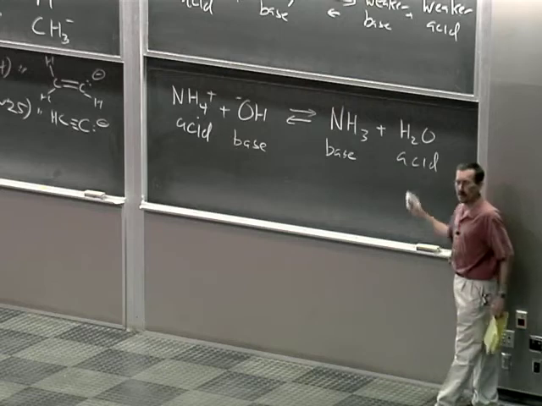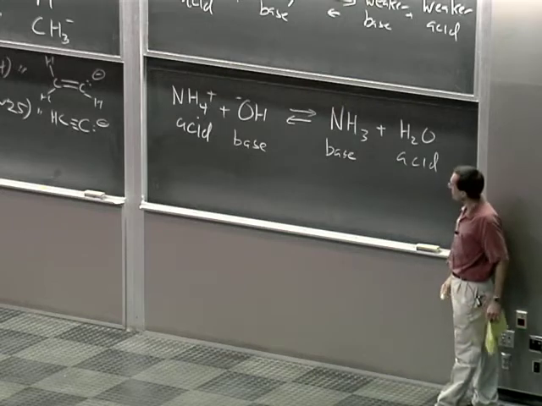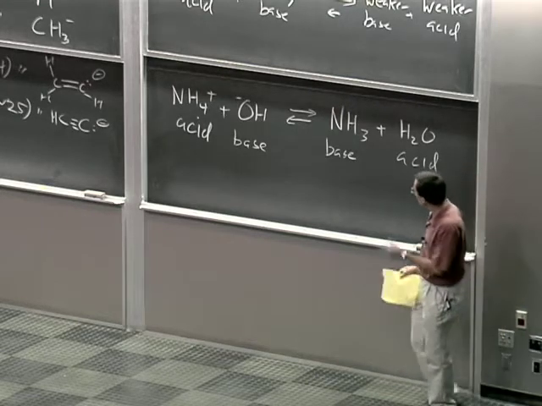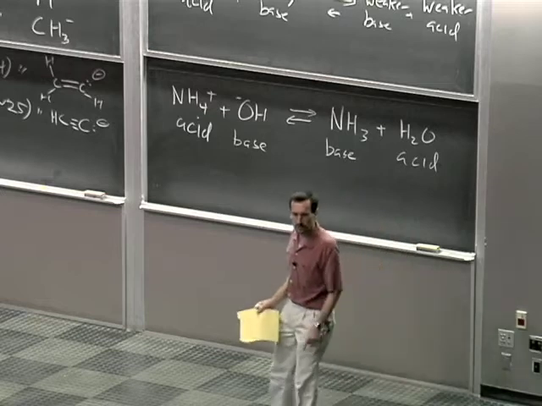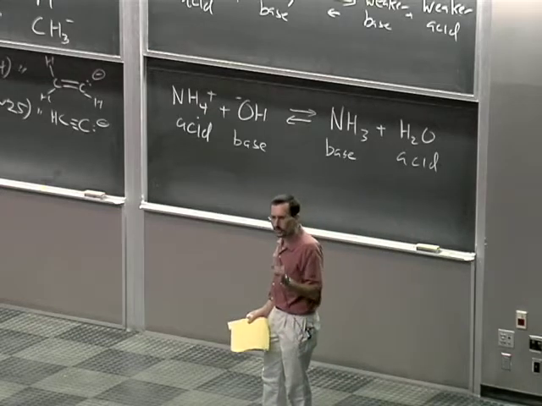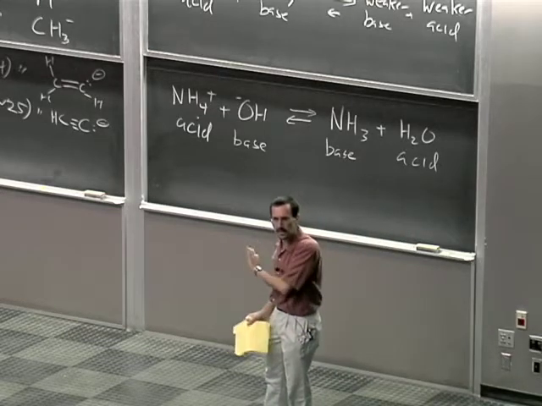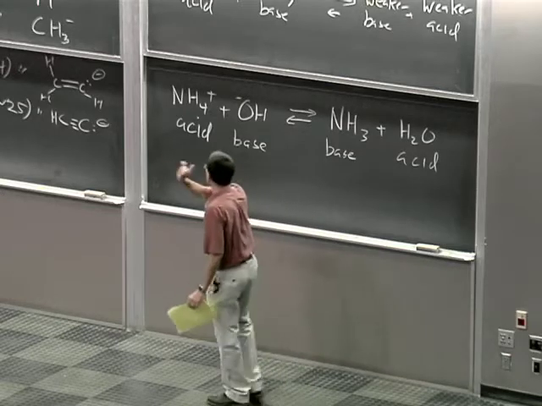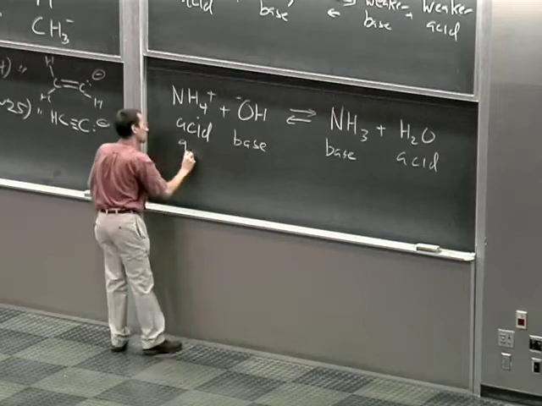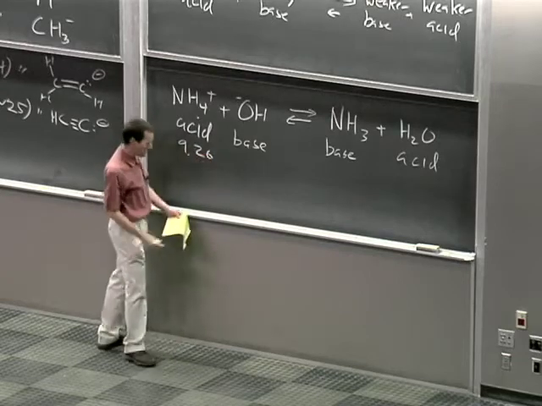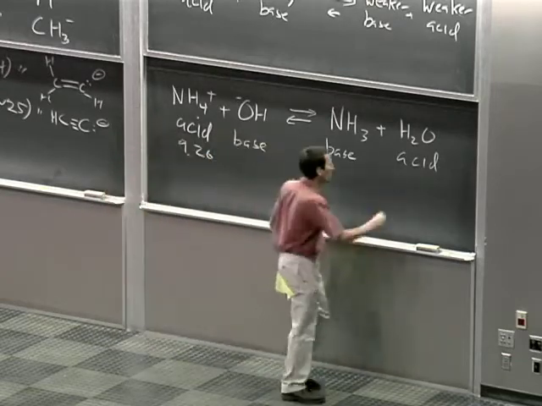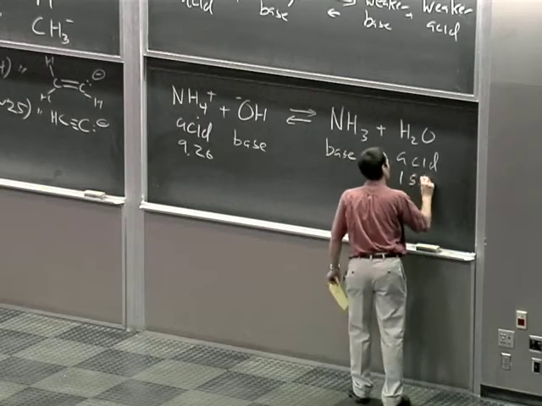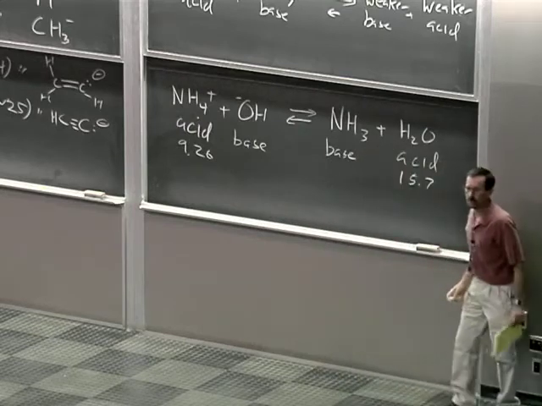of hydroxide anion. Then you look and you say, okay, how do I figure out where the position of this equilibrium lies? All you need to do is look at the pKa's of the two acids involved. The pKa of ammonium is 9.26. The pKa of water is 15.7.